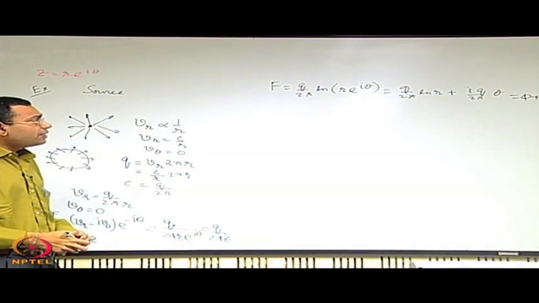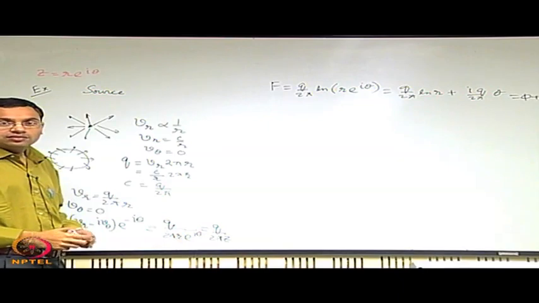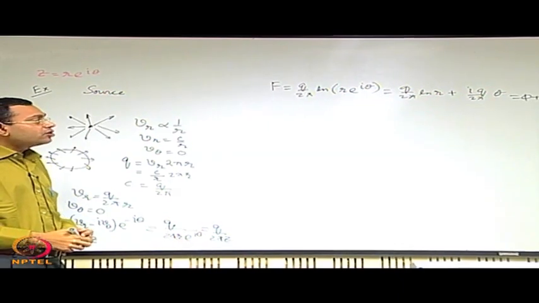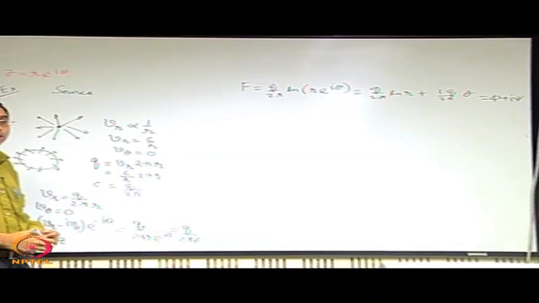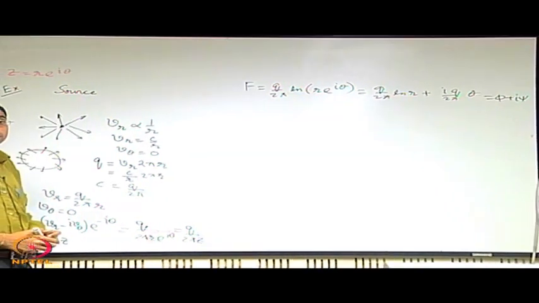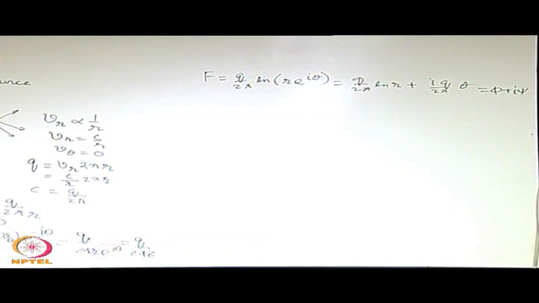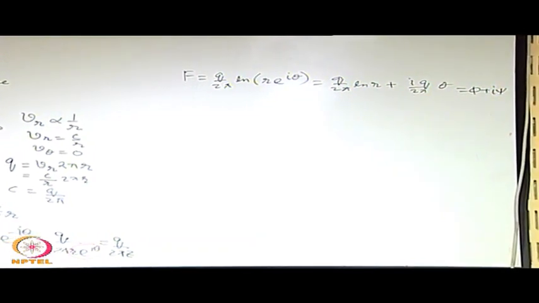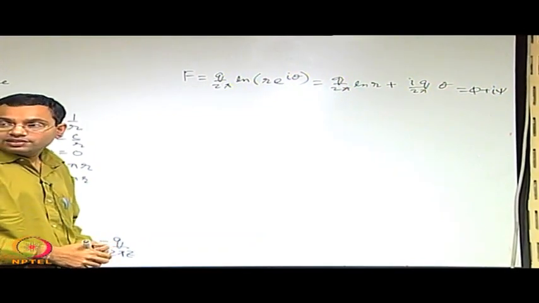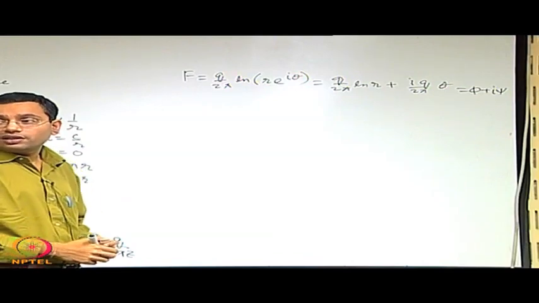So what are the phi equal to constant lines? Phi equal to constant lines are r equal to constant lines, and psi equal to constant lines are the theta equal to constant lines. So what are theta equal to constant lines?